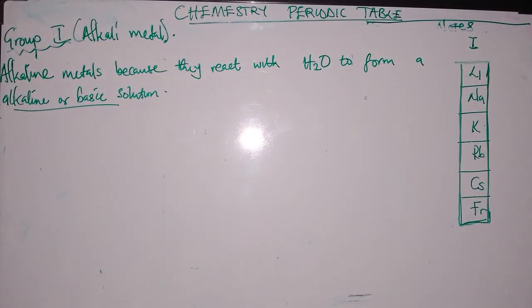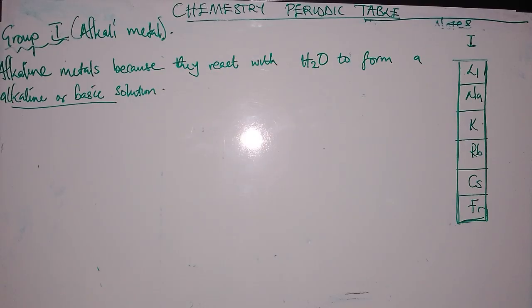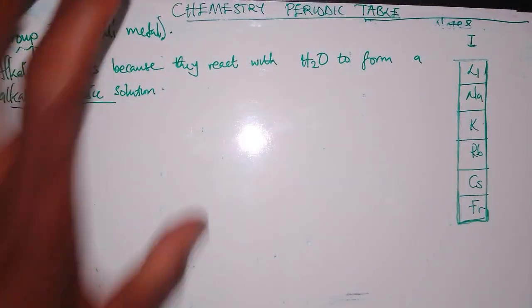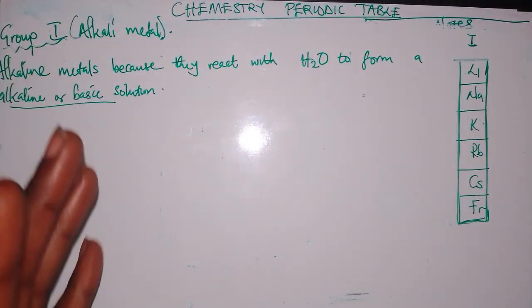So whenever you hear alkaline or basic solution, what should come into your mind is group 1 elements, which are known as the alkaline metals. That's the thing you need to understand on group 1 elements.